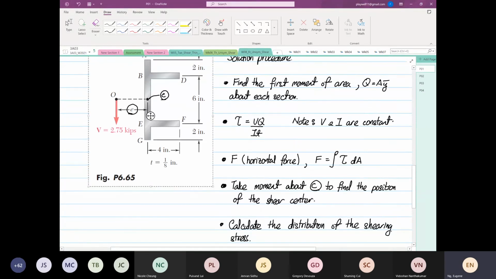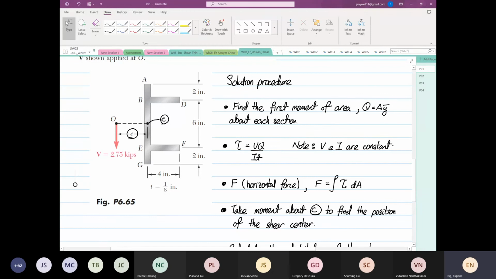Now, can someone tell me, if this were to be a thick wall, is it necessary to do the unsymmetrical loading condition? Question, come on. Anyone? No. Why? You are absolutely right, Nathan.